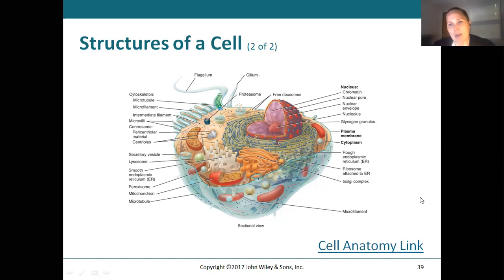And then with carriers and channels, always be thinking about concentrations. Where's the concentration of the substance higher and lower? So probably the simplest concentration example that I'll continually throw out there is the cell's salty banana: high concentration of sodium outside, high concentration of potassium inside. There's also low concentrations of calcium inside, high concentrations of calcium outside.